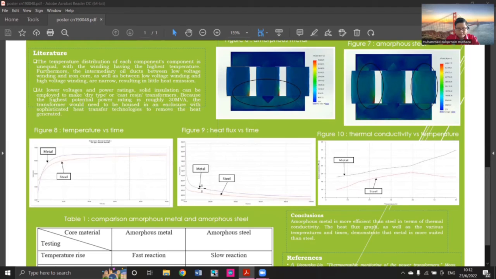At 6 watts per meter squared, it stabilizes as a result of the air that forms around the metal. Compared to the steel, the red line has a modest reduction until it reaches 2 watts per meter squared. It is not suitable for energy, and it has a loss of energy.